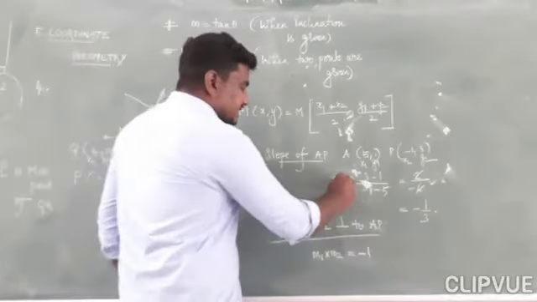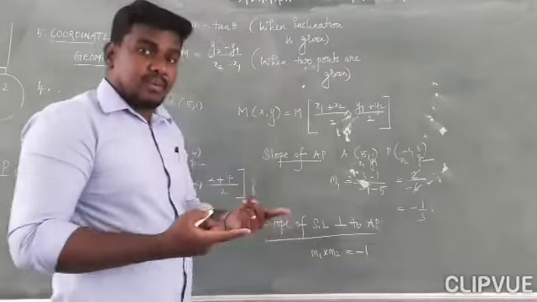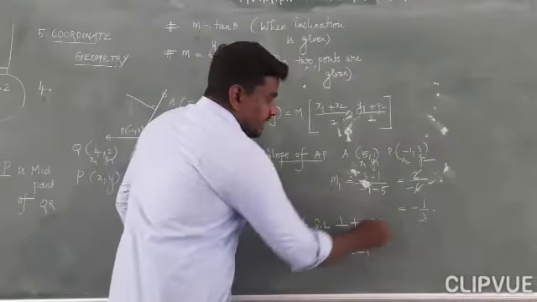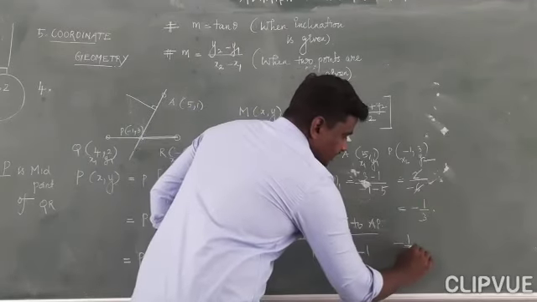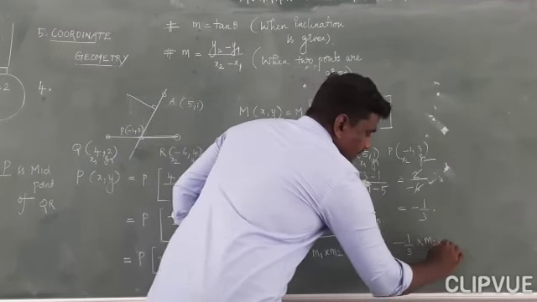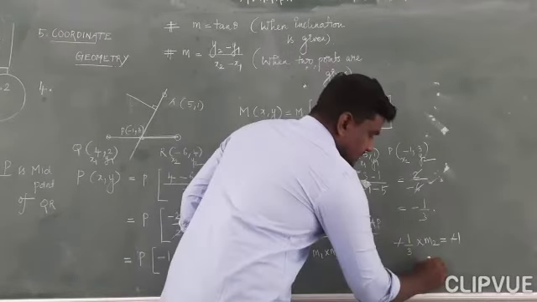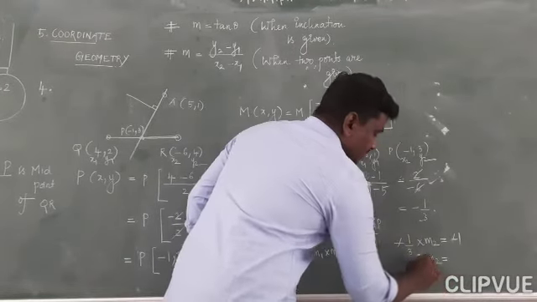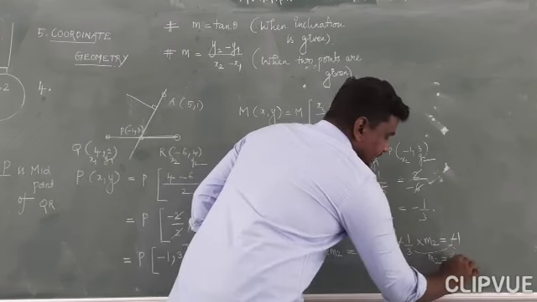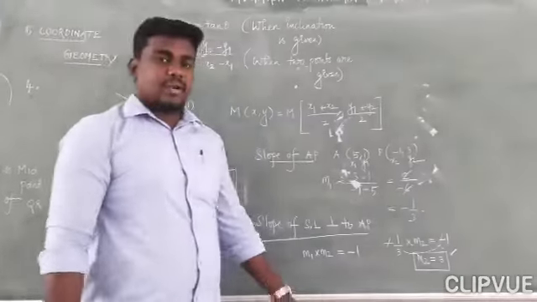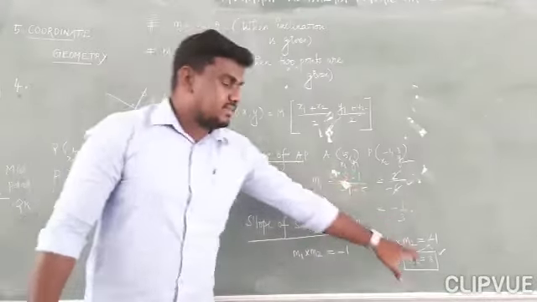If m1 is minus 1 by 3, then minus 1 by 3 into m2 is equal to minus 1. You can cancel the minus signs, so m2 is equal to plus 3. So the slope of the straight line which is perpendicular to the straight line AP is 3.